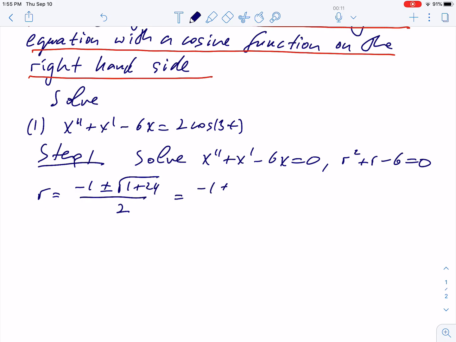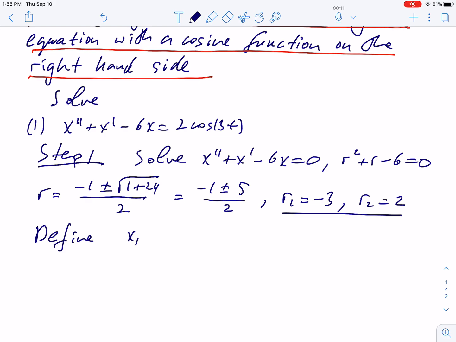This is -1 plus minus 5 over 2. We have two different real roots. With the minus, we have -6 divided by 2, -3. The other one with plus will be plus 2. Two different real roots.